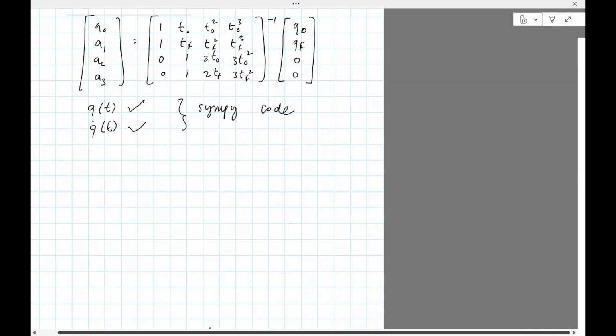But what is the result of this is that if you look at Q as a function of time, earlier, remember when we wanted to connect point Q0 and QF, we actually drew a straight line, and that was because the velocity was constant.